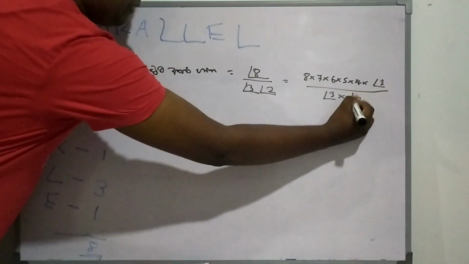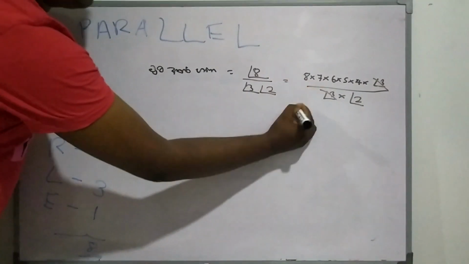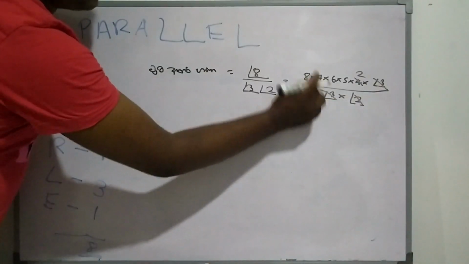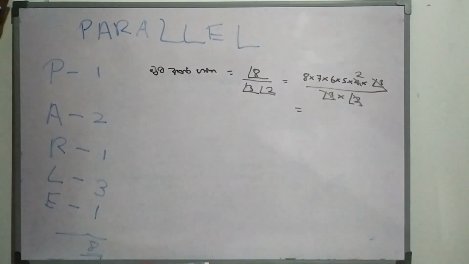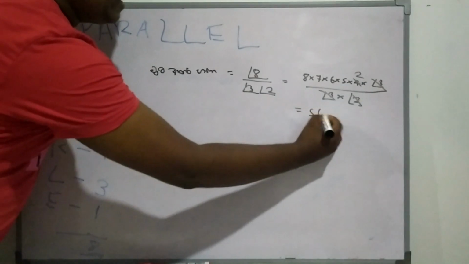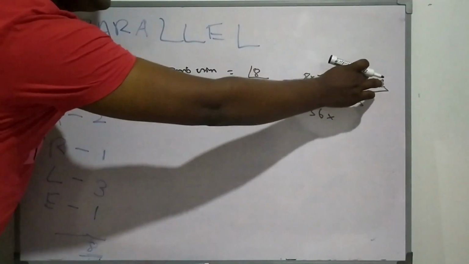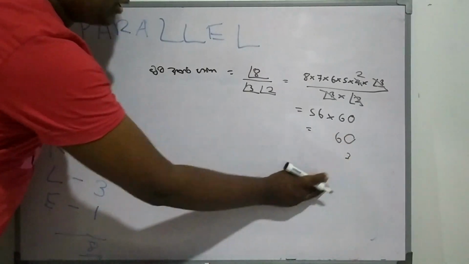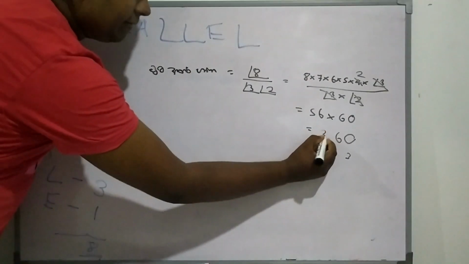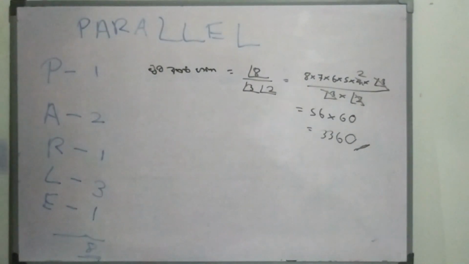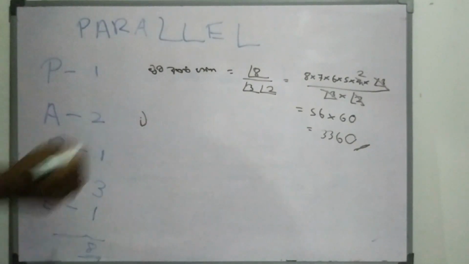The 3 factorial gets cancelled, and the 2 also cancels with the 4, it's 2, and 56, 30 and 2, 30, 60, and so on. This is the answer of the first, 3,360.